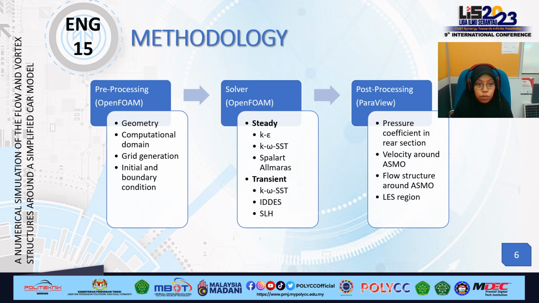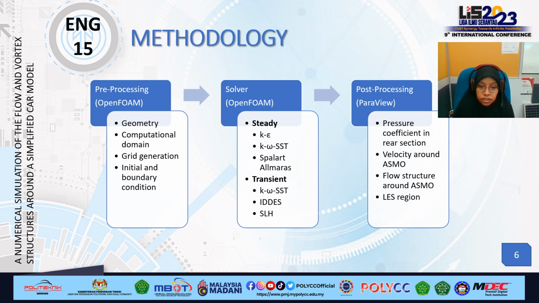In this experiment, we have three steps, which is pre-processing. Using OpenFOAM, we generate the geometry, and we do the computational domain, grid generation, and we set up the initial and boundary conditions. After that, we go to the solver, which also uses OpenFOAM. We analyze using steady state, which uses the k-epsilon model, k-omega SST, and Spalart-Allmaras.